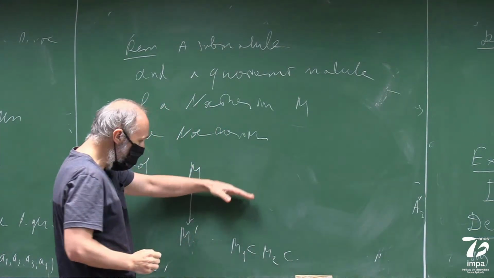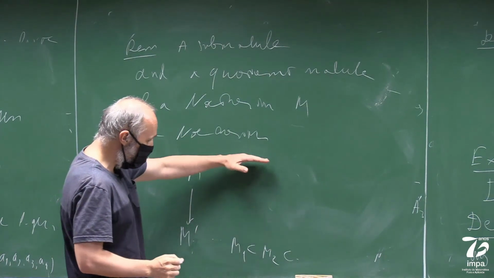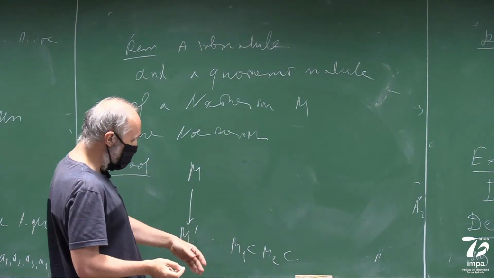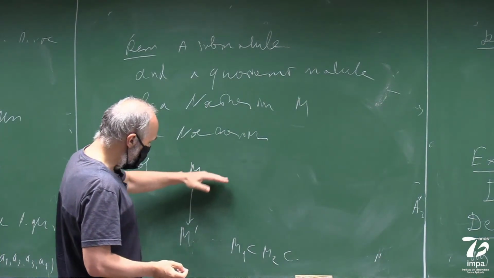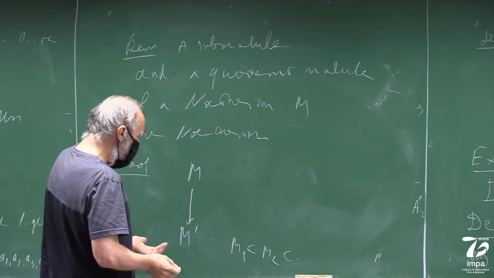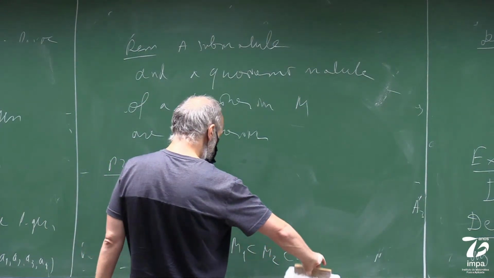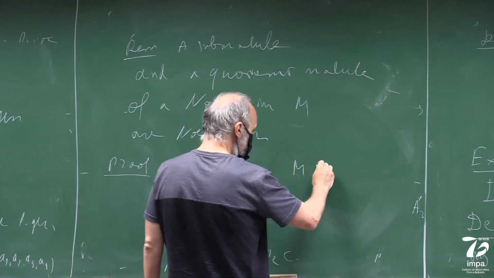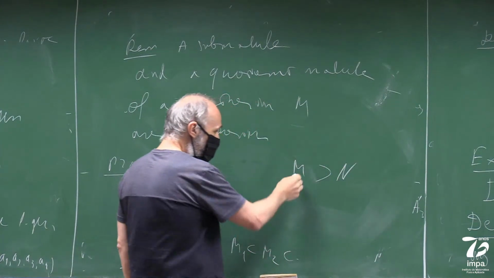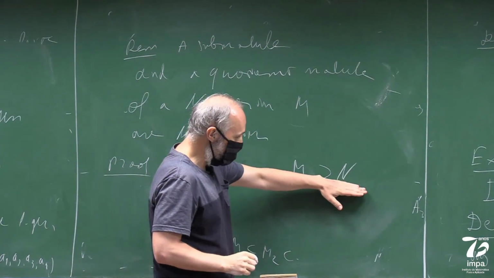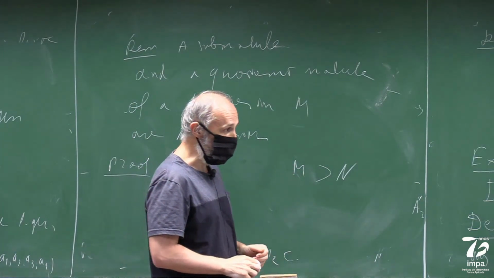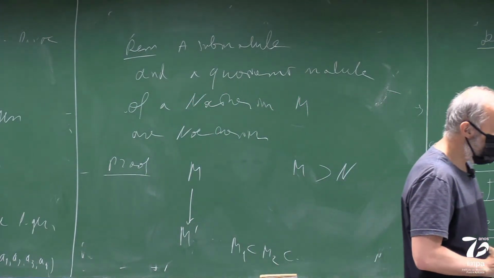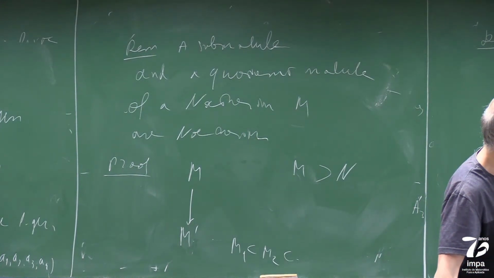You take pre-image, it's surjective, so the pre-image will be a strict sequence, which is impossible because M is Noetherian. And conversely, not conversely, but if you have a submodule N in M, and you have a chain of submodules here, this is a chain of submodules in M, so it has to terminate.